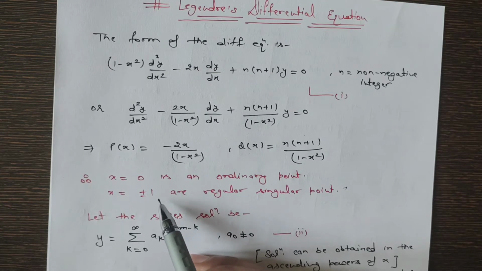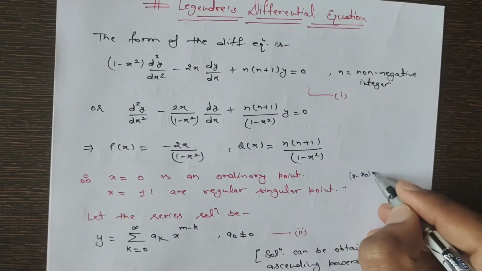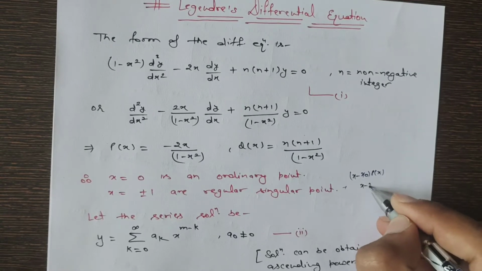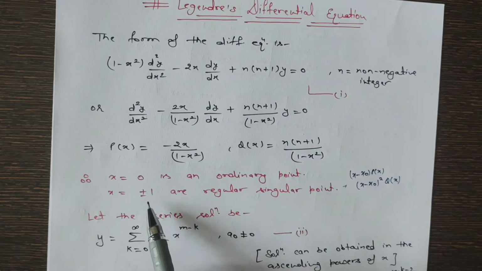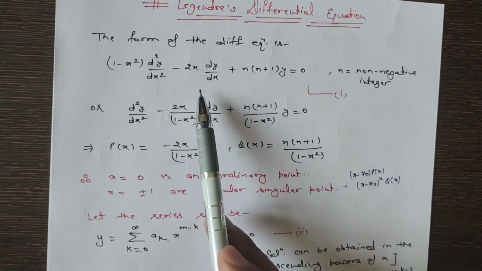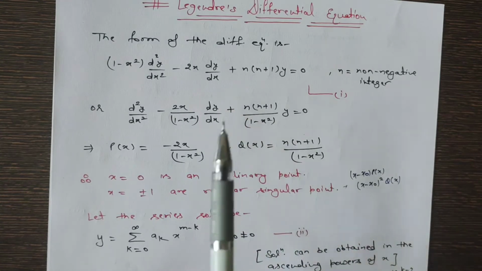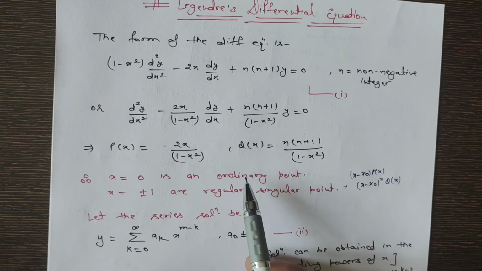So we can say these are singular points, and further we can check by the expressions x minus x naught into p(x) and x minus x naught square into q(x). Then we can say x equals plus minus 1 will be a regular singular point corresponding to this differential equation. Clear?